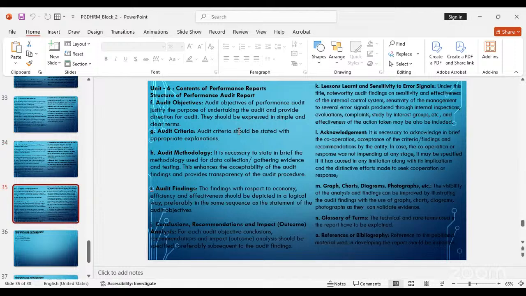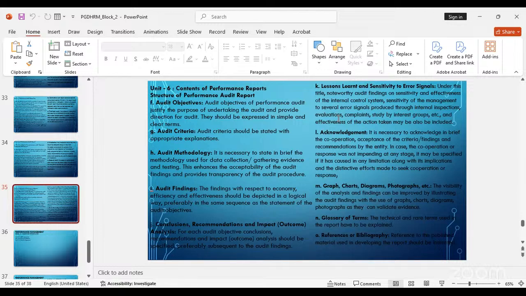The audit objective should be very clear, and the criteria of conducting the audit should also be mentioned. The methodology should also be very clear. What the findings of this audit are should be clearly mentioned in the report. Conclusions and recommendations should also be mentioned.